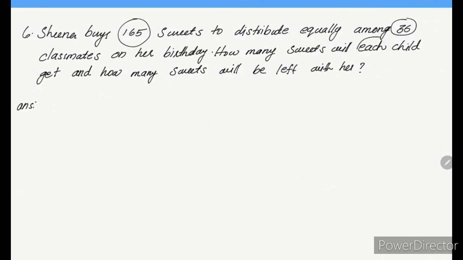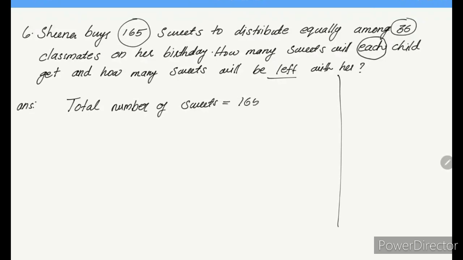How many sweets will one child get? And how many sweets will be left with her? That is the question here. Now we can write the total number of sweets that is given here. Total number of sweets, 165.